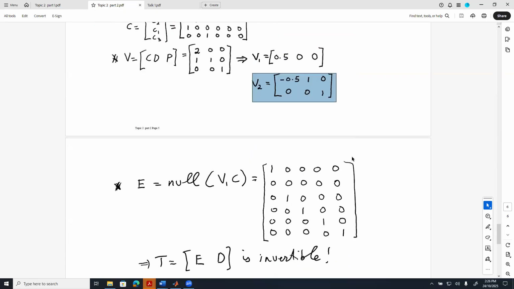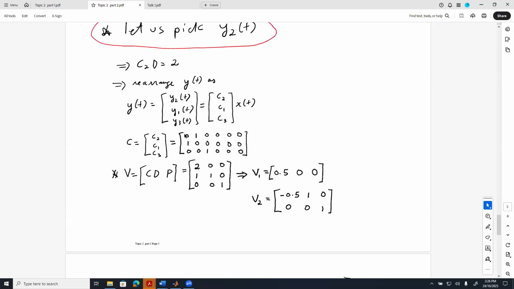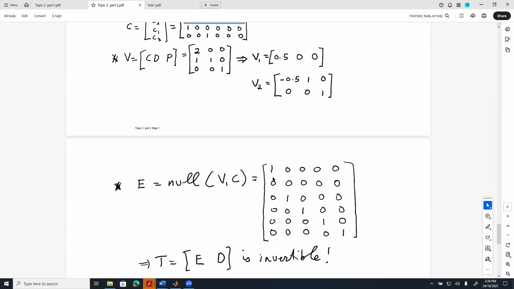And we can pick the matrix E, which is the null space of V1C, and it has this very simplified form. You see that the second row here is 0. Because when we got V1 times C, C is in this particular form here, we need to make it 0 there.